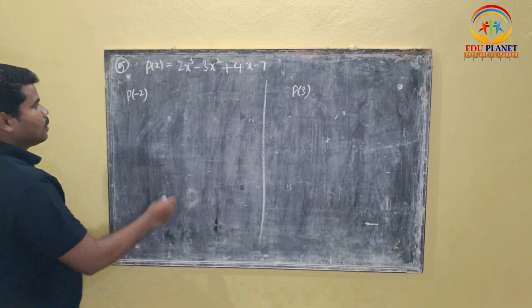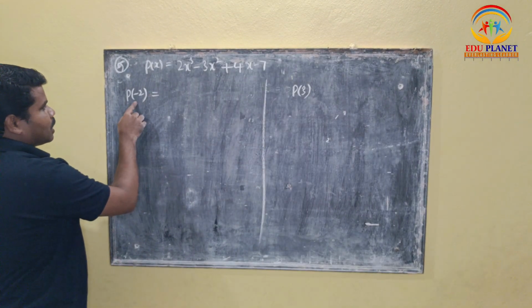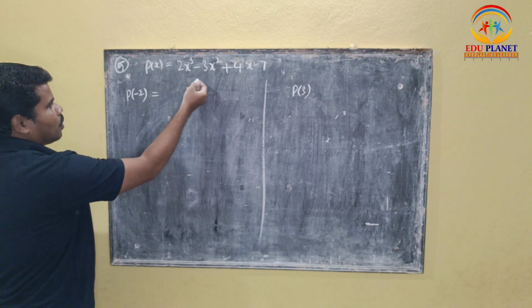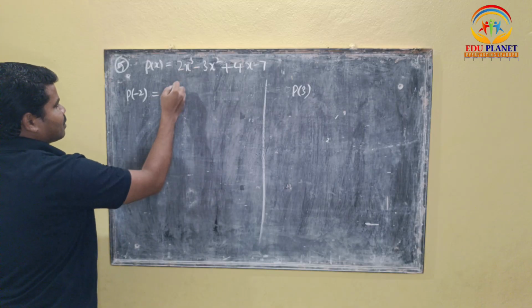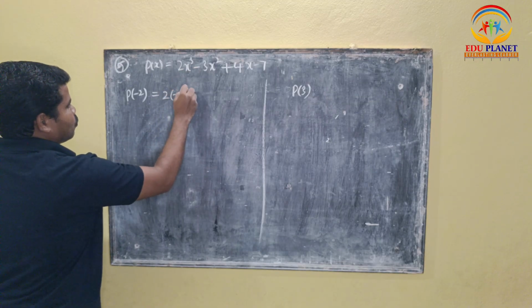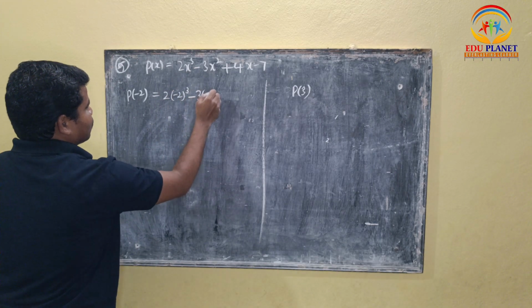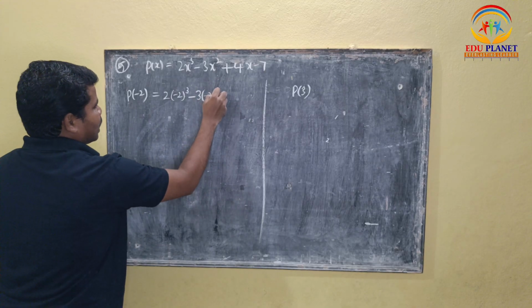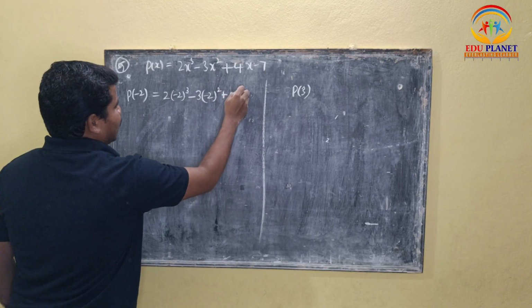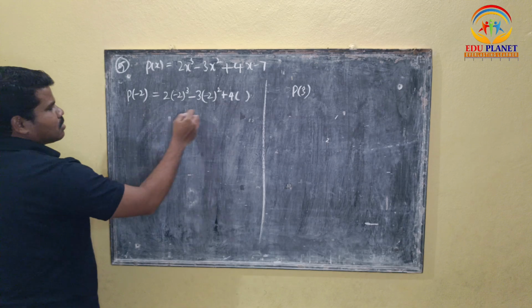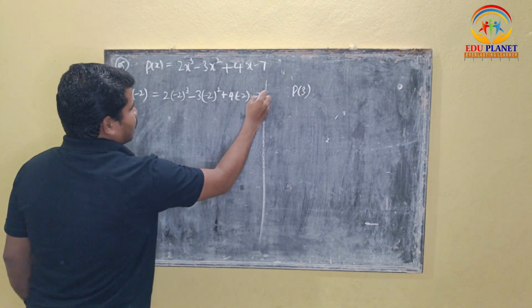So by substituting minus 2 in place of x: 2 into x cube, x cube is minus 2 cube, minus 3 into x square, x square is minus 2 square, plus 4 into x, x stands for minus 2, minus 7.